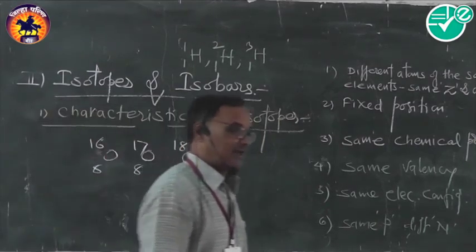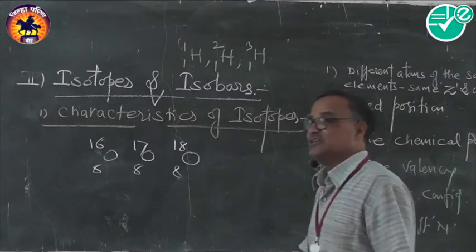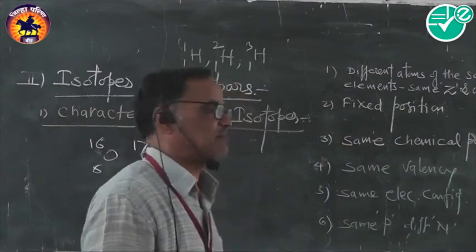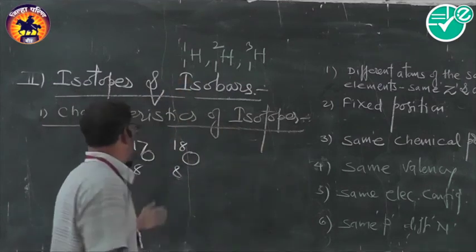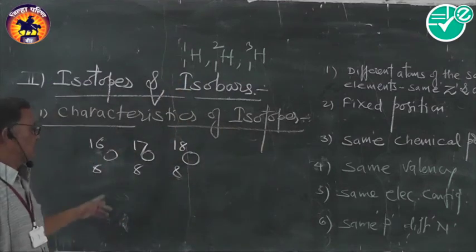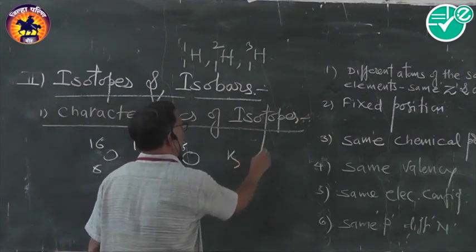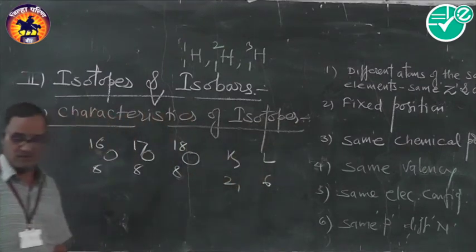Valency. Valency is the term which depends upon the tendency of an element to donate or accept electrons. In oxygen, the shells K and L hold 2 and 6 electrons.